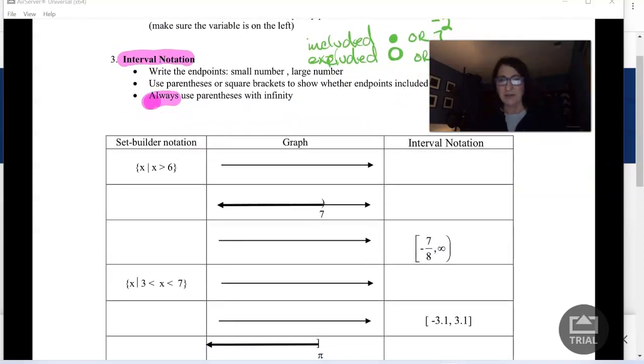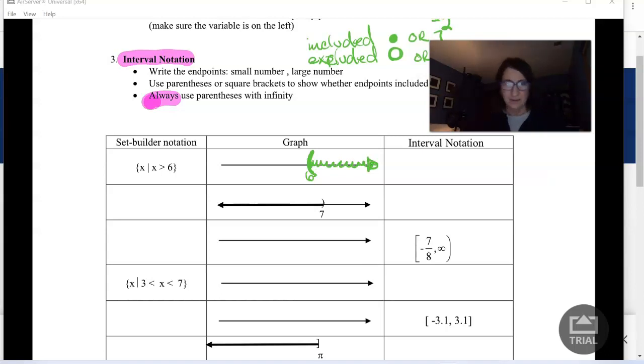So I have in set builder notation, the set of all x such that x is greater than 6. So the way we would go ahead and use that information to graph is we're going to do our endpoint, 6. 6 is not included because I don't have an equal sign, so I'm going to use parentheses, and then I'm going to shade to the right.